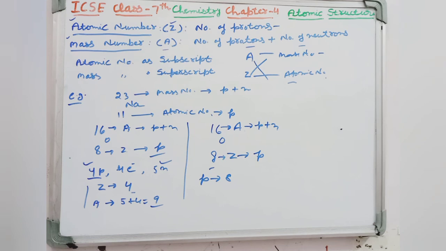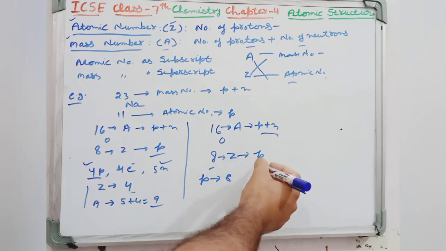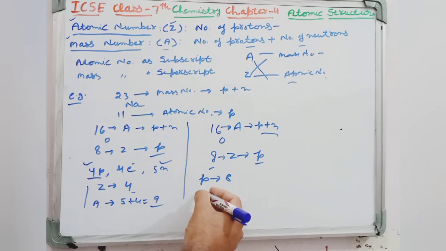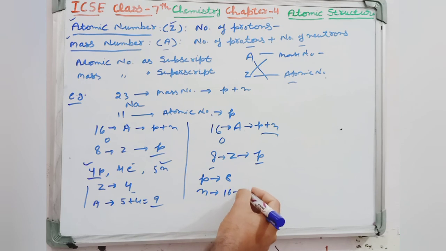This is protons plus neutrons, so if we subtract, we get the number of neutrons: 16 minus 8 is equal to 8. Right?